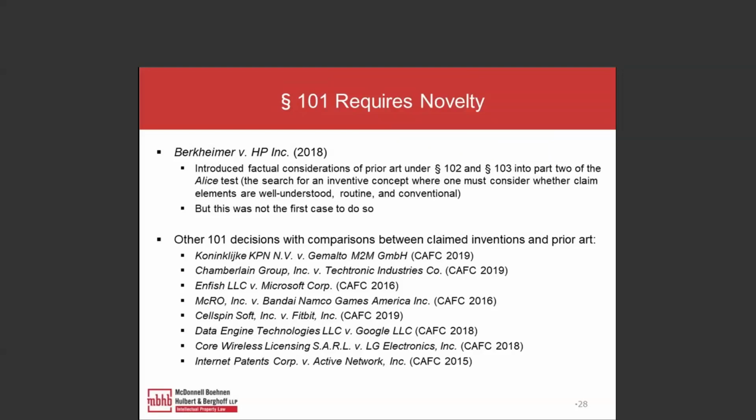In fact, I challenge anyone to go to your favorite legal database, Westlaw, Lexis, or Google, whatever you use, and type in a search phrase such as Federal Circuit Alice 101 prior art, and you will find a load of cases where the Federal Circuit, in making a 101 decision, explicitly compared the claim language to the prior art and used the words prior art when doing so.